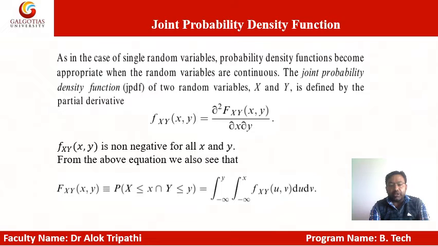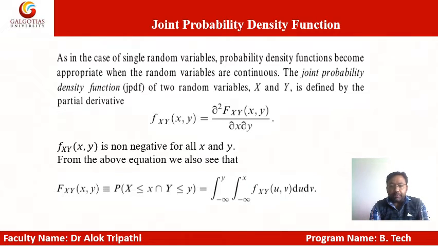In the suffix we mention all those random variables for which we are defining the joint probability density function. So f_XY(x, y) is equal to the joint probability distribution function partially differentiated two times, first with respect to y and then with respect to x. The order of differentiation is immaterial. This is how we can define the joint probability density function.